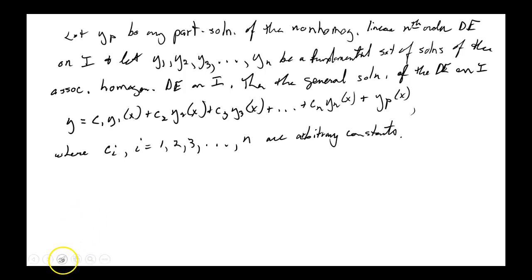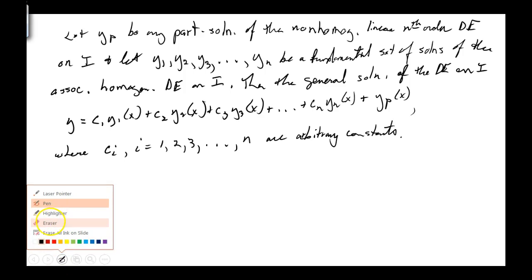Let me start on a clean page just to keep from crowding things up too much. So, I'll erase all that ink. In that theorem I just put down there, the general solution of the non-homogeneous linear equation consists of two functions. I should have left it on there.